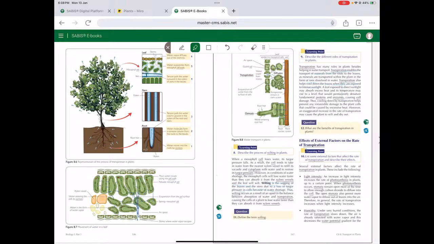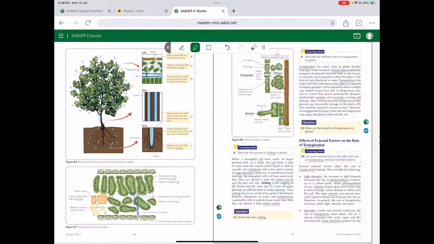But try to relate the two concepts. It cools down by losing water in a hot environment. Same as humans. If it's hot, we sweat in order to cool down. But of course, if we have an excessive rate of transpiration, a huge loss of water is going to wilt and it will dry out.